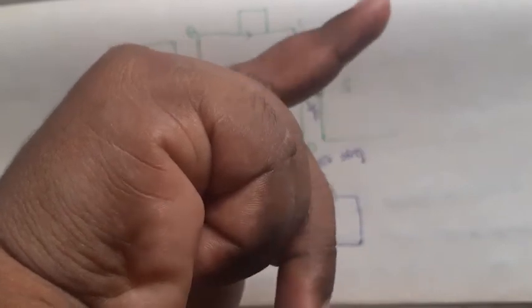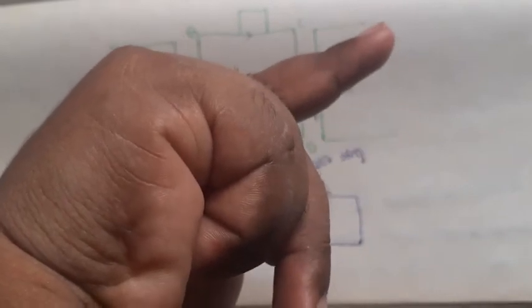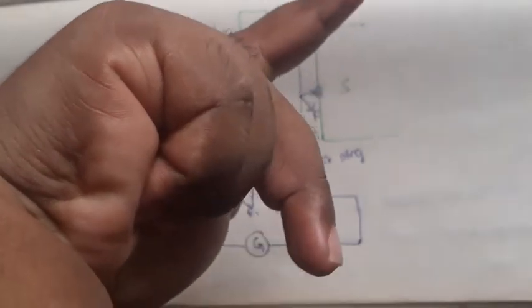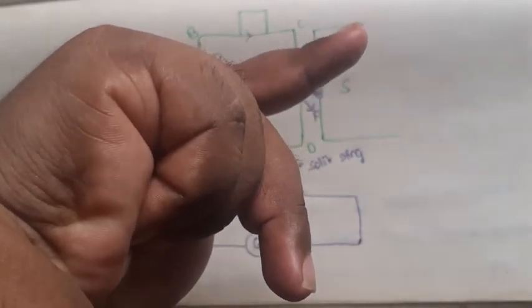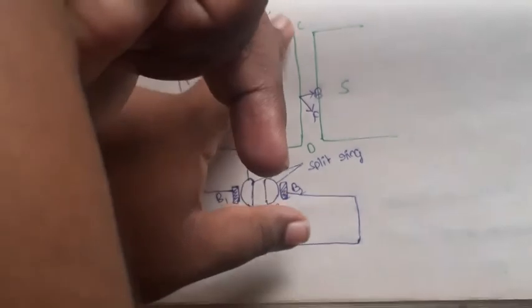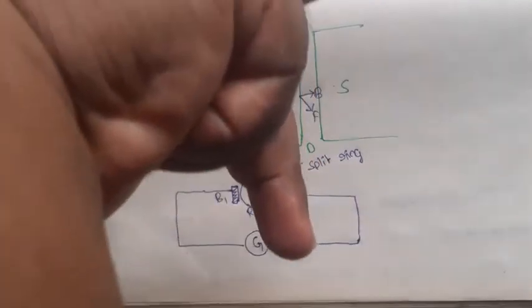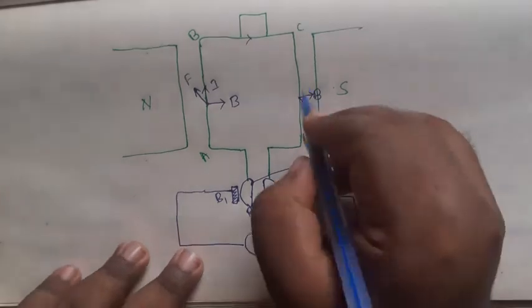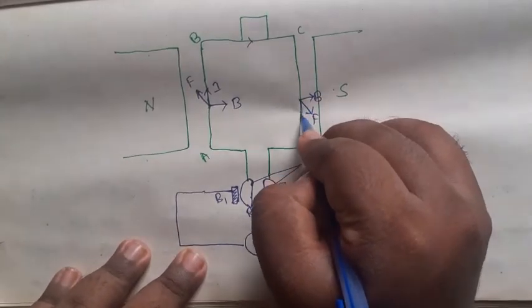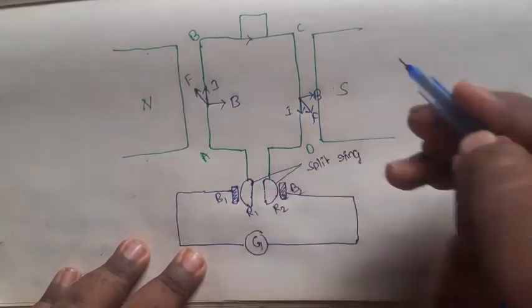The middle finger shows the direction of the induced current, that is from C to D. So current flows from C to D.